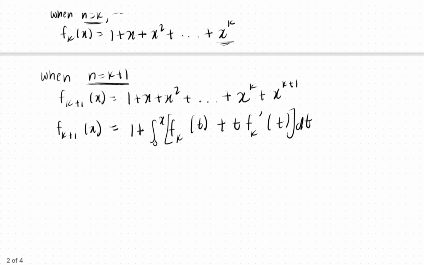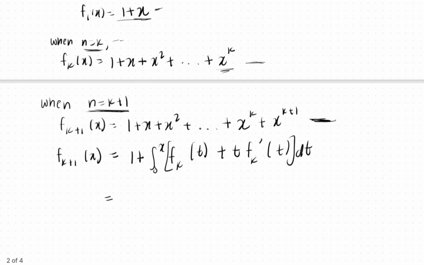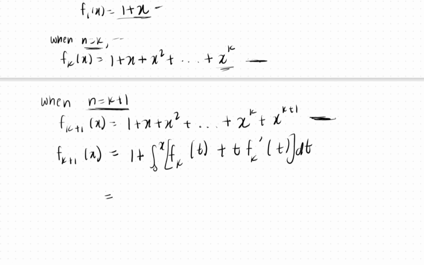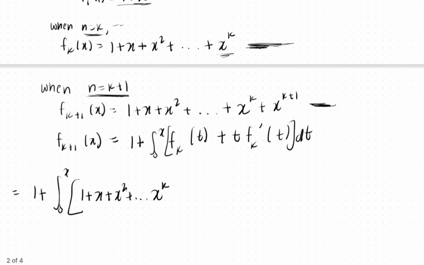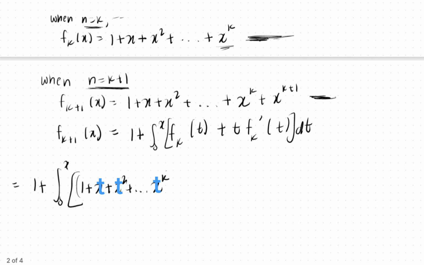Now what we can do, let's start replacing this. We know f_k(t) from here, f_k from over here, my bad. f_k is this, right? So let's start replacing that. We're going to need a lot of space. So it's equal to 1 plus the integral from 0 to x of f_k(t), which is over here. Let's start replacing that. So 1 plus t squared plus ... plus t^k. That's f_k(t).